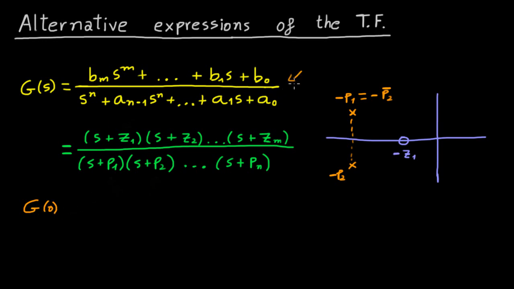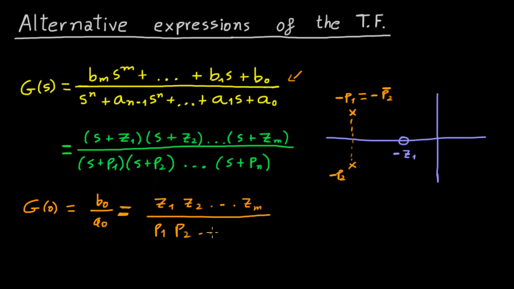In this case, g of 0 is b0 over a0, because all the rest of terms are 0. And in the second way of writing the transfer function, the gain would be z1 times z2 times all the rest of z until zm over p1, p2, and all the rest until pn. In either case, it is not very handy, I guess.